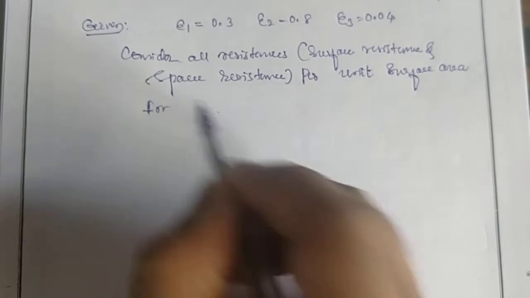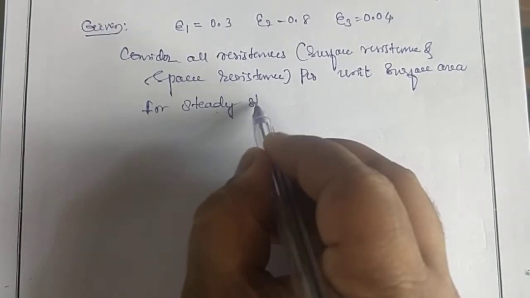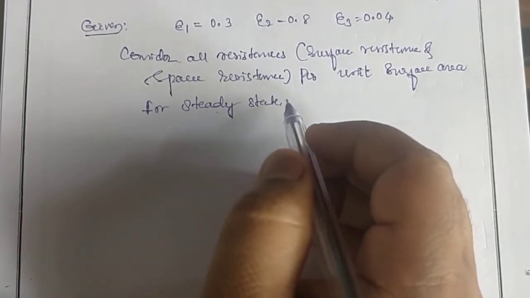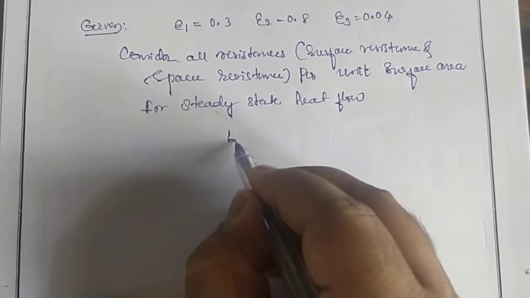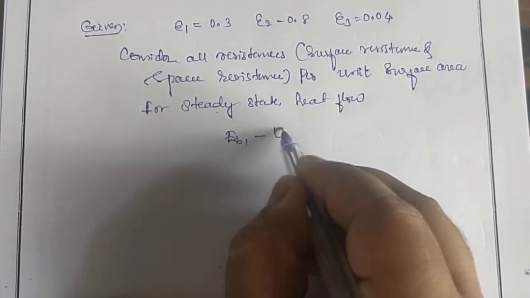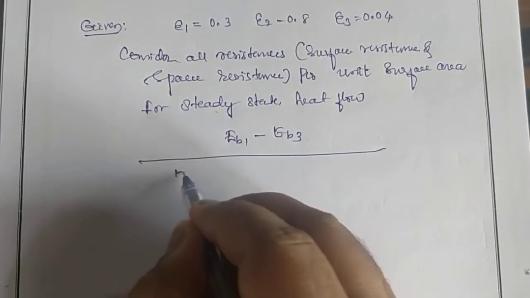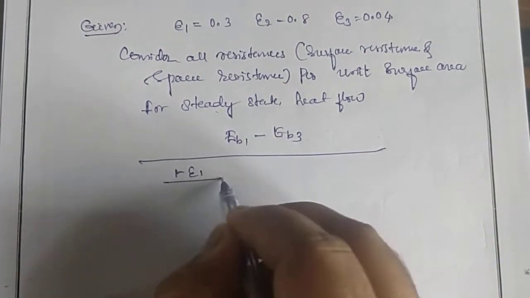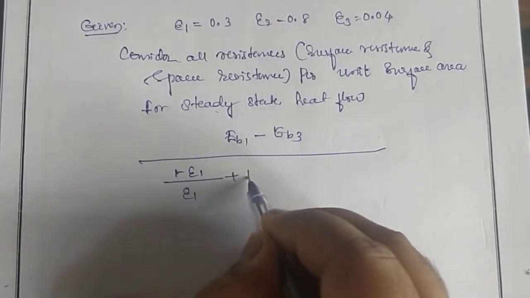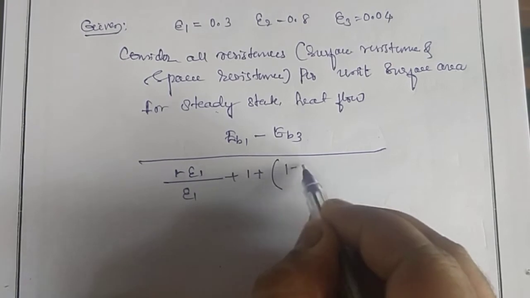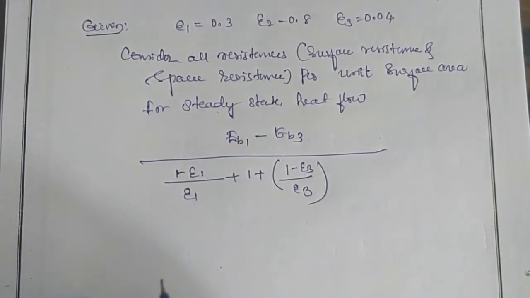For steady state, the heat flow will be like this: EB1 minus EB3 divided by (1 minus epsilon 1) divided by epsilon 1 plus 1 plus (1 minus epsilon 3) divided by epsilon 3. This is the steady flow rate.